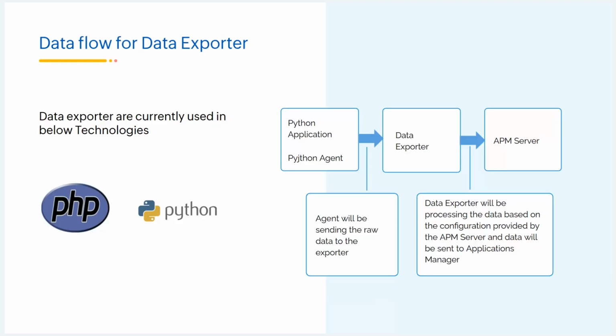The system administrators, developers, or the IT team can make use of this data to monitor the health, performance, and the traces of the application, which will help in identifying the bottlenecks or the performance issues to optimize the application behavior.